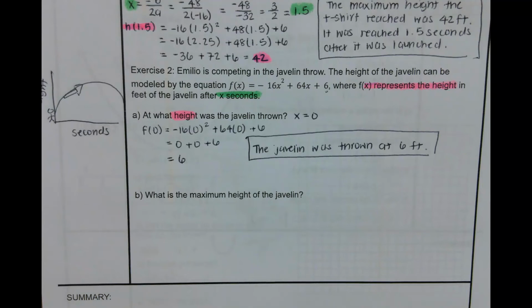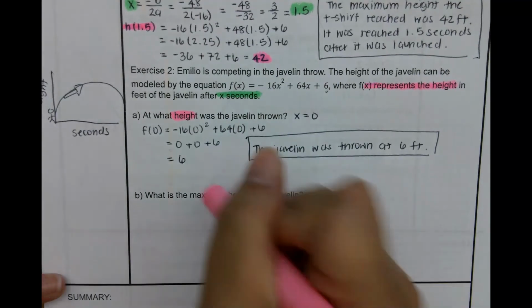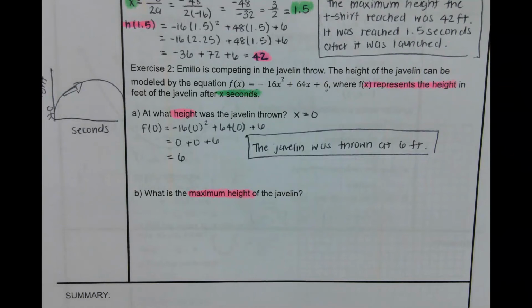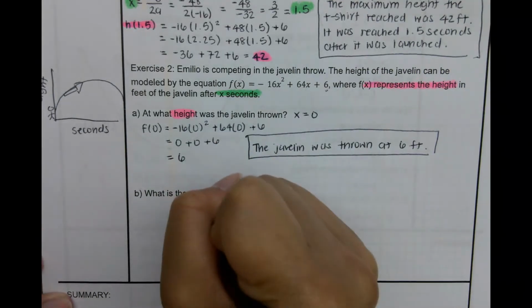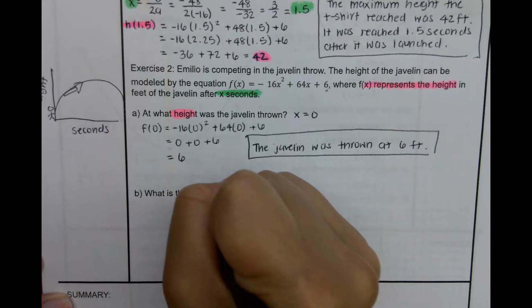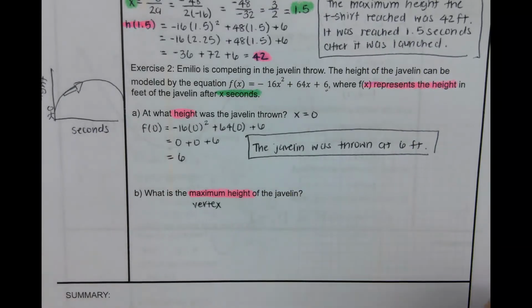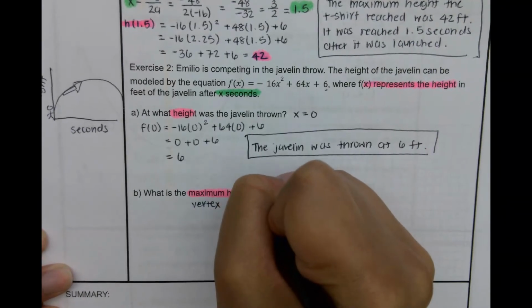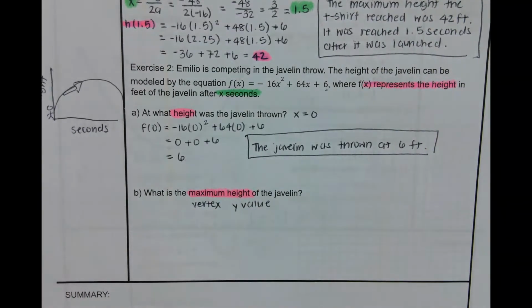Then it asks here for the maximum height. If it's maximum, we should think vertex. So the maximum indicates vertex. And since f of x represents height, I want the y value of my vertex. In order to find the y value of my vertex, though, I need to find the x value first.